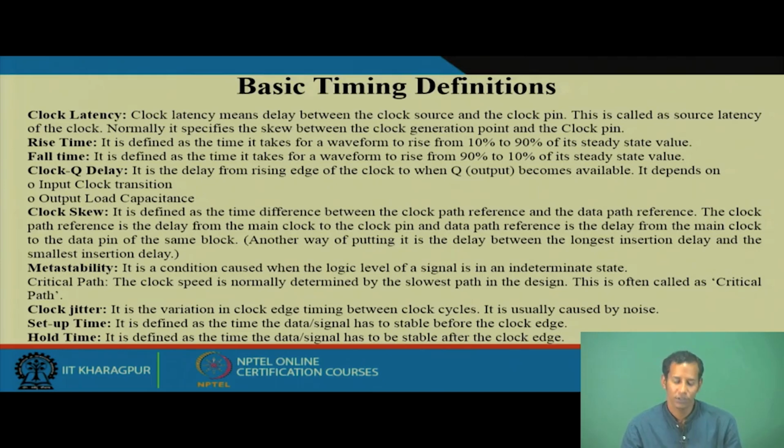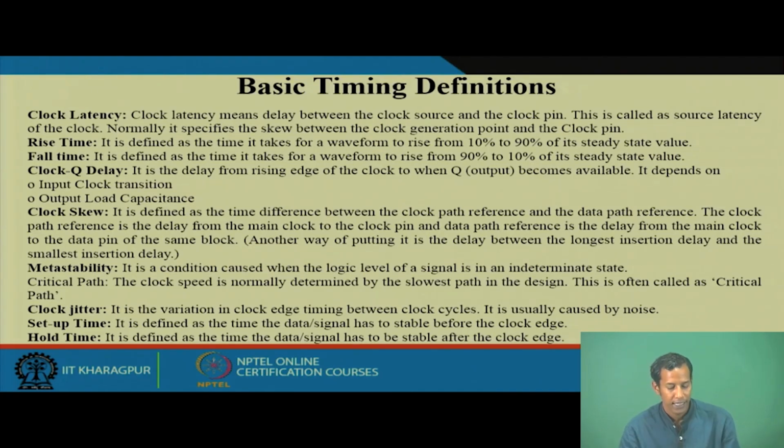Then clock skew, which we have already discussed. It is defined as the time difference between the clock path reference and the data path reference. The clock path reference is the delay from the main clock to the clock pin, and the data path reference is the delay from the main clock to the data pin of the same block.